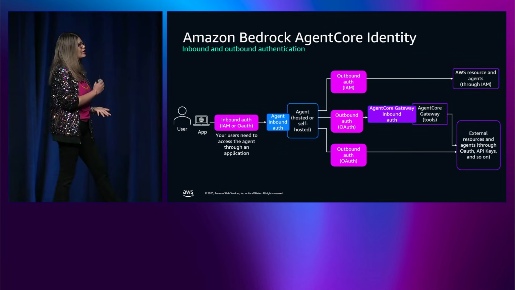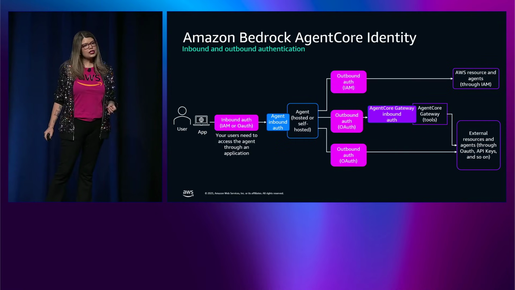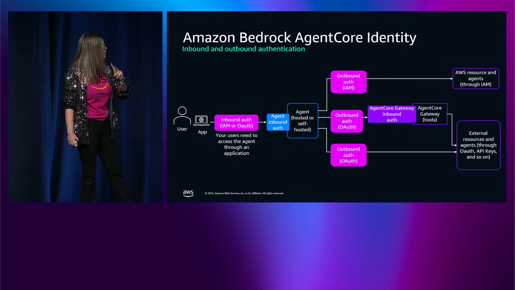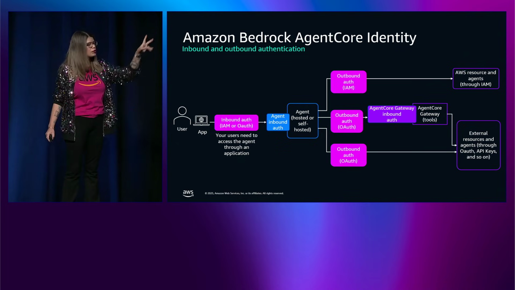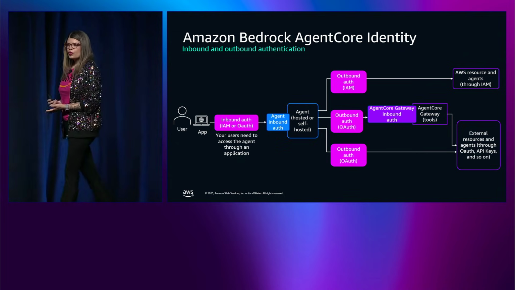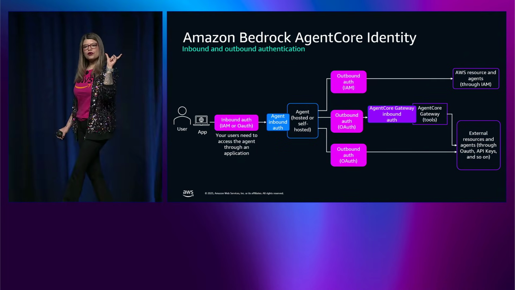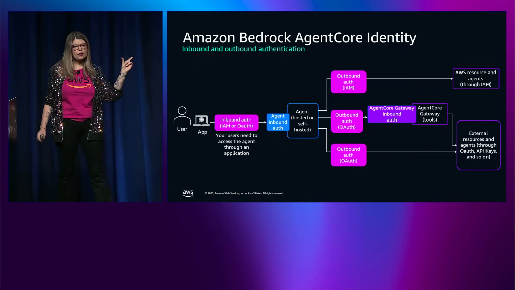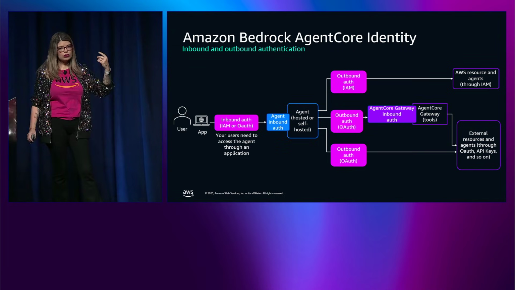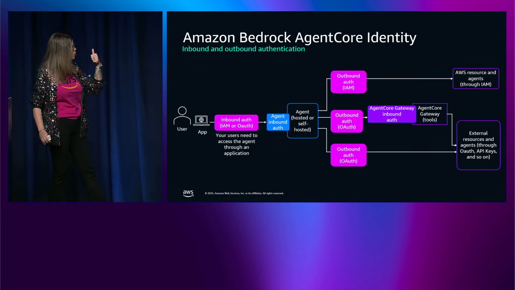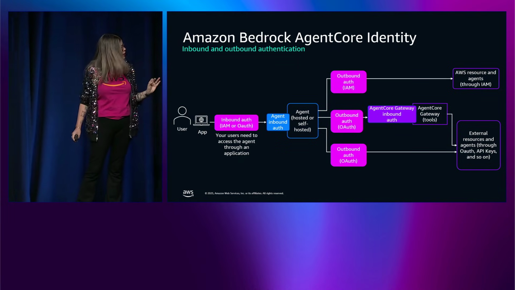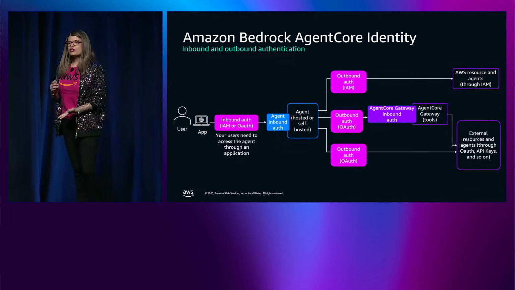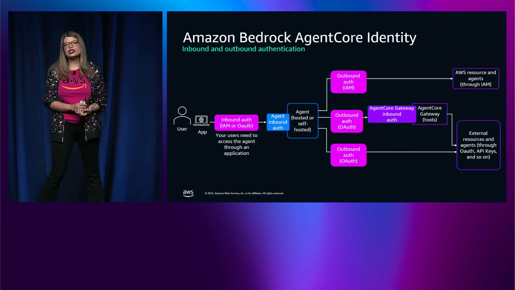Next, we have the identity. The identity is composed of 2 parts. The first part, the inbound. The second part, the outbound. On the inbound, we choose which provider is necessary to perform the first call to the agent. So this comes before we call the agent. We can choose IAM authentication.